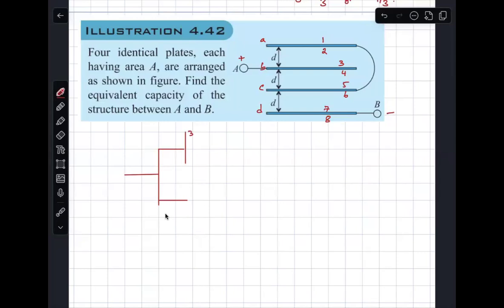Plate B, 4 facing. Any doubt? Now what is opposite to 3? 2. And 1 is open to sky. No issues. Nothing is sharing there. What is opposite to 4? 5. Of course, this is your positive plate.